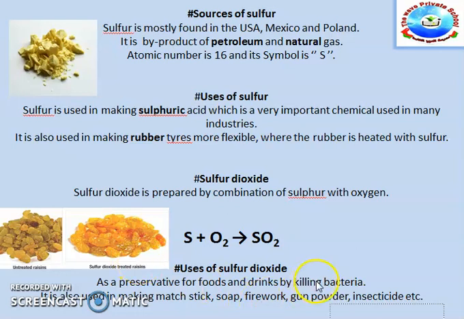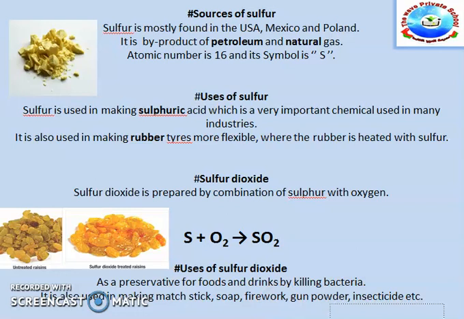Because it kills bacteria. Now if there is no presence of sulfur dioxide, the germs and bacteria which are present around and inside the food start damaging it. Okay, so sulfur dioxide is also used in making matchsticks, soap, fireworks, gunpowder, insecticide, and so on.